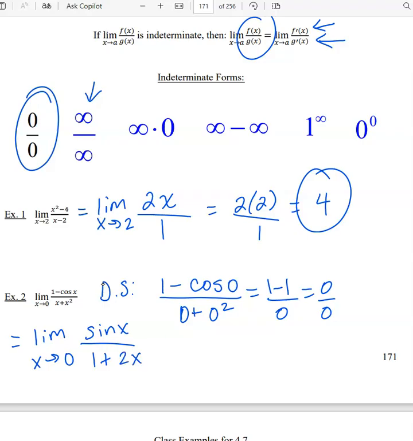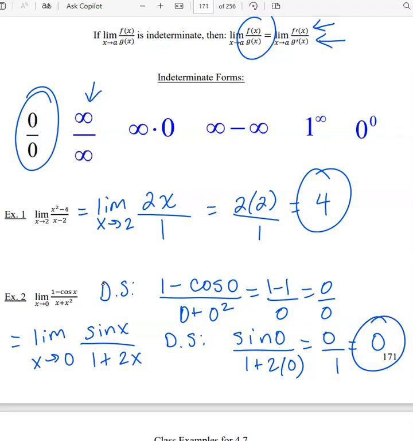Now if we put in 0, we would get sine of 0 over 1 plus 2 times 0, which would just be 0 over 1, which would be 0. And so 0 over 1, notice, is not indeterminate. 0 over 1, of course, would just be 0. So that is, in fact, the limit.